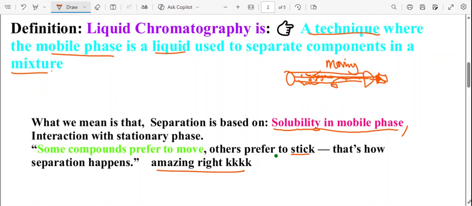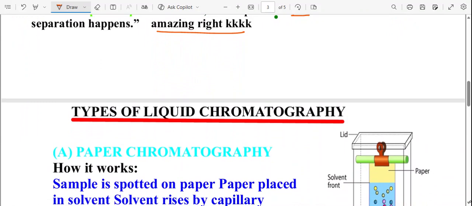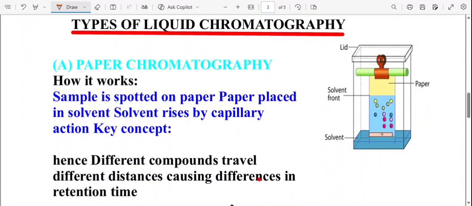Let us see some types of chromatography. The first type that we have is what we call paper chromatography. Of course, it uses liquid, but the design is paper chromatography, because we use paper. I think this is the type of experiment we could do in high schools, in secondary schools.